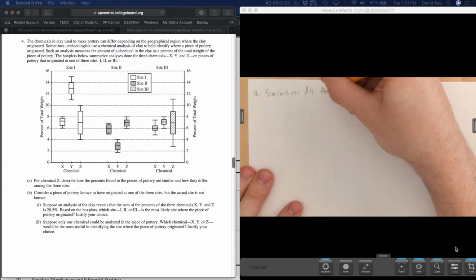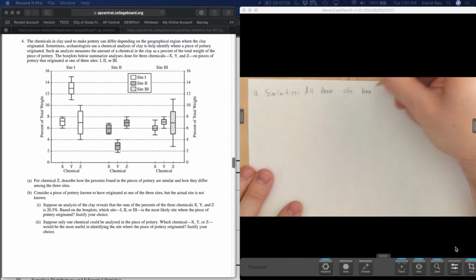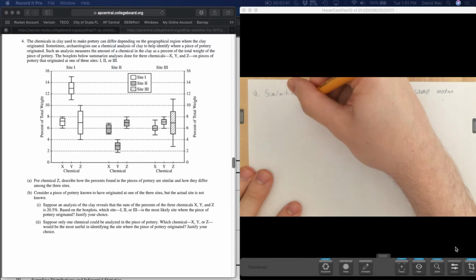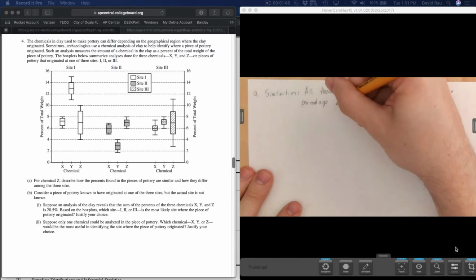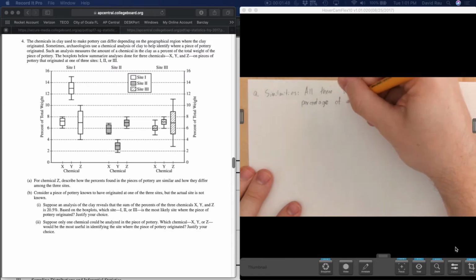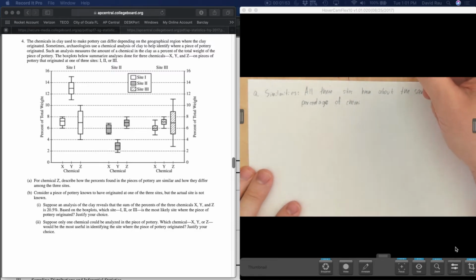All 3 sites have about the same median percentage of chemical Z. You can see the middle line in the rectangle is all about the same.